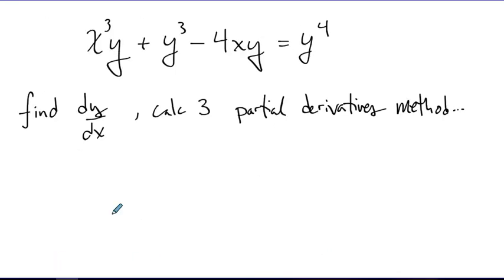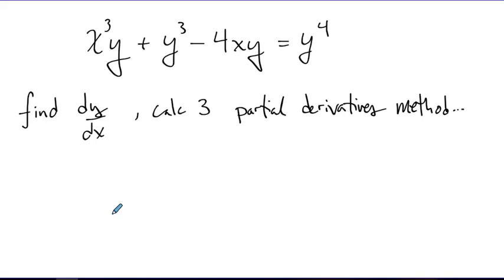Let's take the same equation, let's find dy dx, but let's use the Calc 3 partial derivatives method. Now in our book, we're going to use what's called the implicit function theorem, which I'm not going to try to prove in this video, I just want to do some examples of applying that theorem. And actually, I don't really need this method to do this particular equation, and that was the point of the previous example.